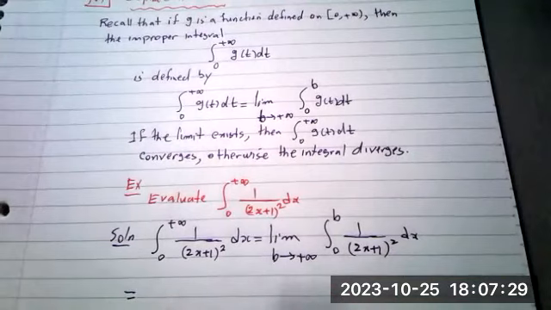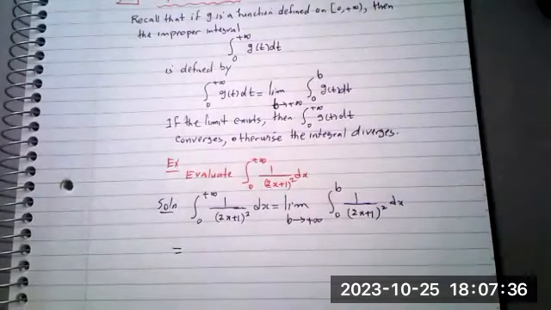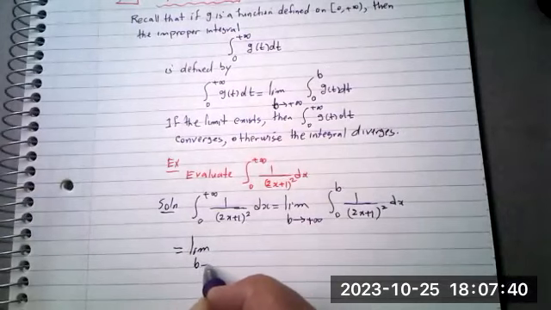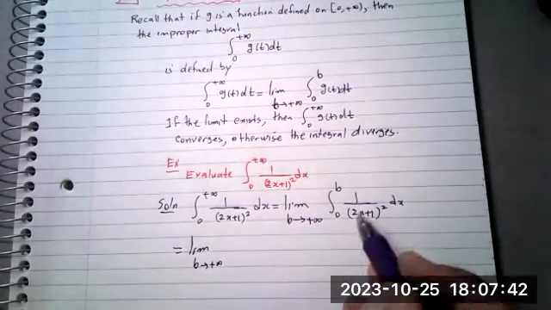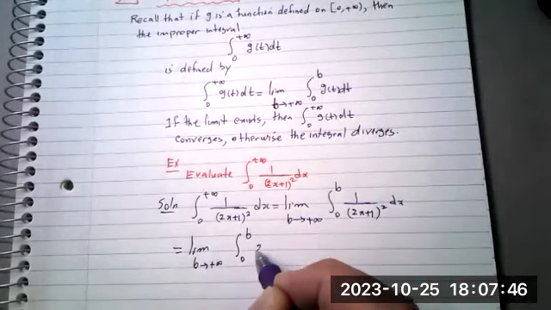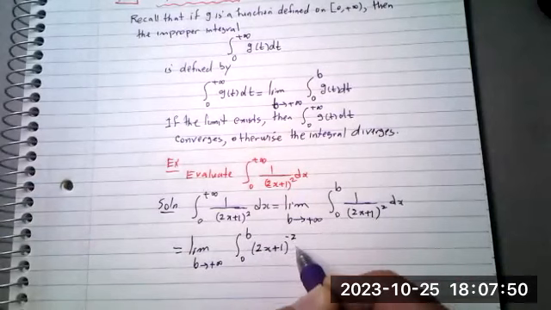So it's going to be equal to the limit as b goes to positive infinity of the integral from 0 to b of (2x plus 1) to the negative 2 dx. You want to find this integral.